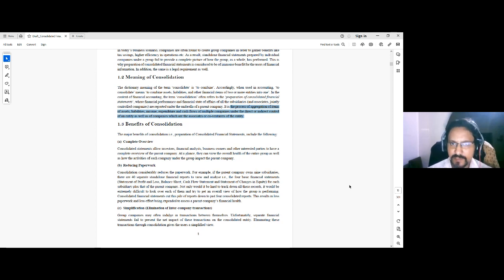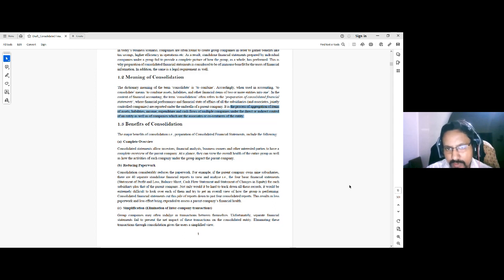However, if the parent body does not want the other organization to be acquired and merged with itself, but wants the other organization to operate on its own independently, then the option that it executes is not the acquisition or merger, but to simply acquire the controlling interest of that other company.